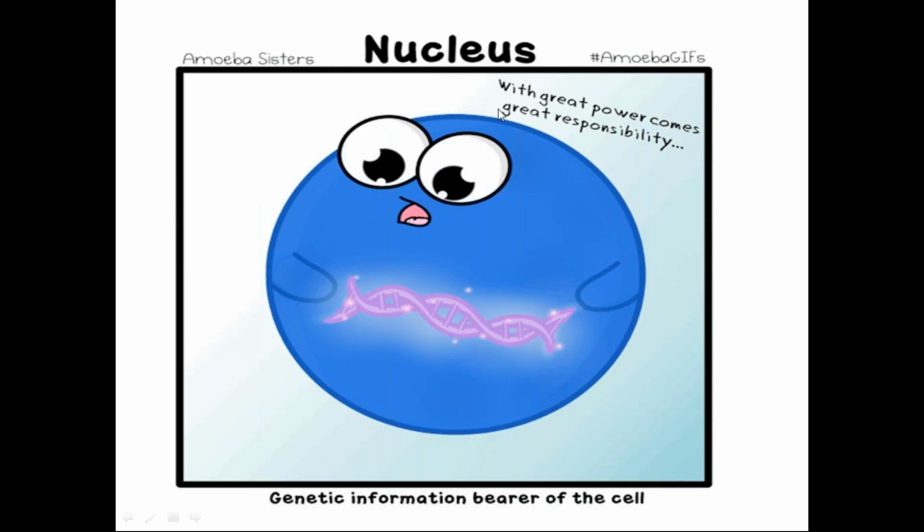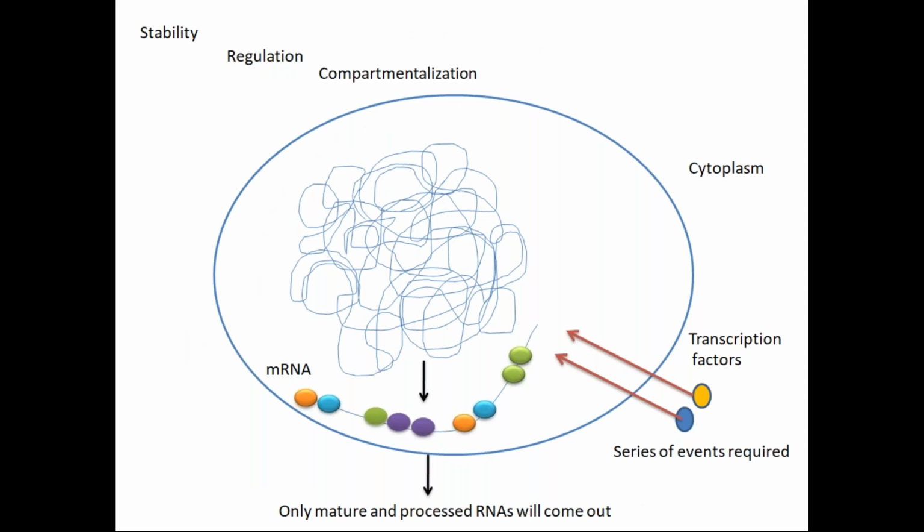So he is telling that with great powers comes great responsibility. Obviously you can see the bigger positions, the prime minister or the president of the US, or in our family also the father's position, they have great responsibility to perform. So let's see what are these important responsibilities which our nucleus has to perform.